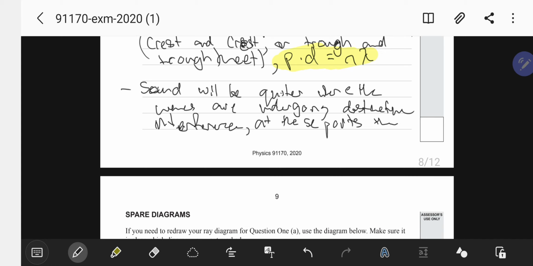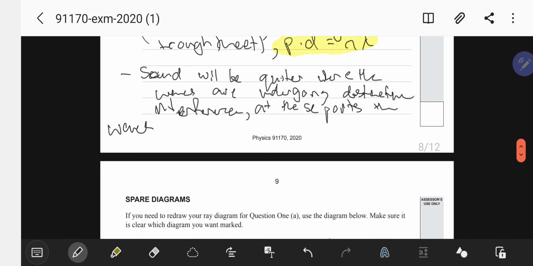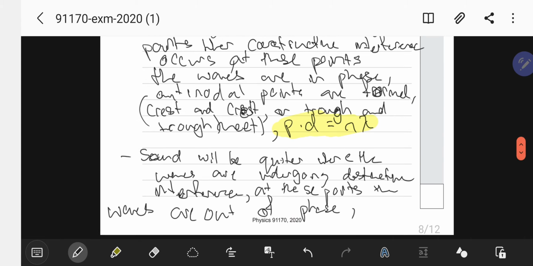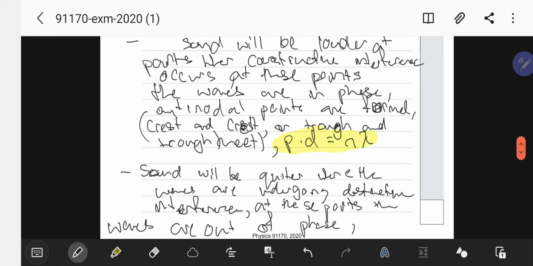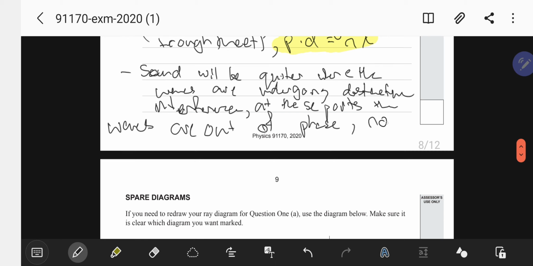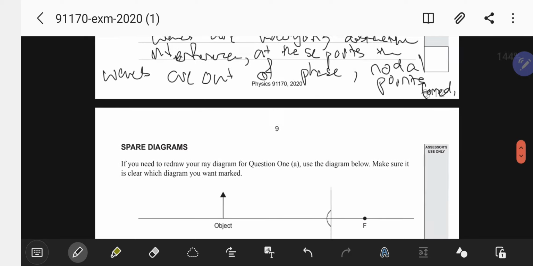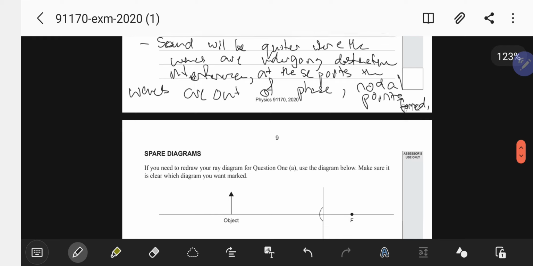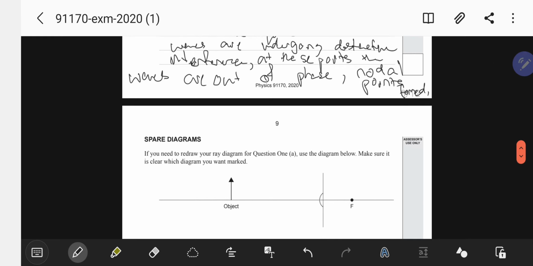The waves are out of phase. Oh yeah, nodal points are formed. Nodal points are formed. What else can we say?